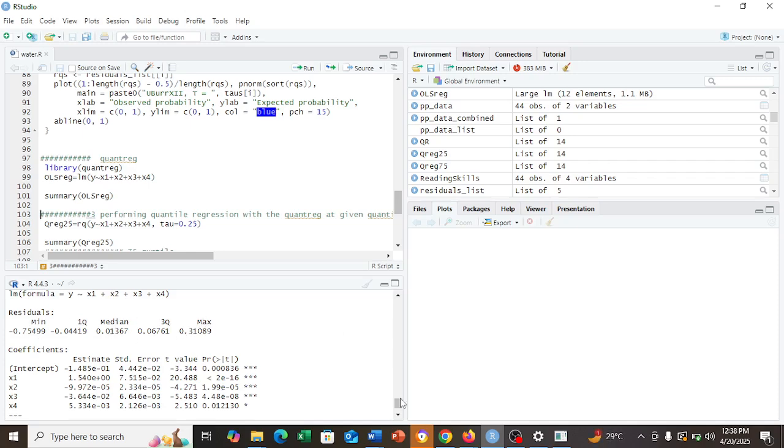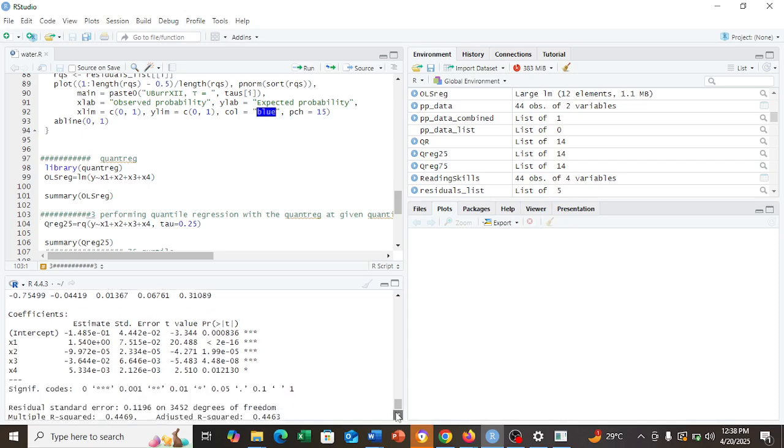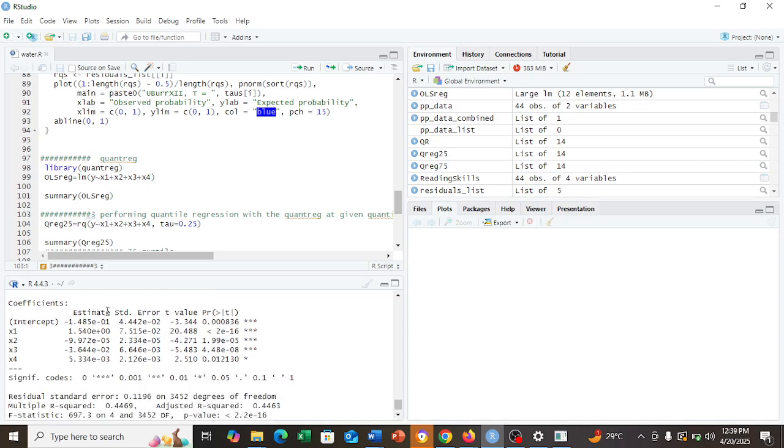And then for the estimate, I have the estimate, standard error, p value and t values. So if I want to run ordinary linear regression in the quantric package, this is what I'm going to get.